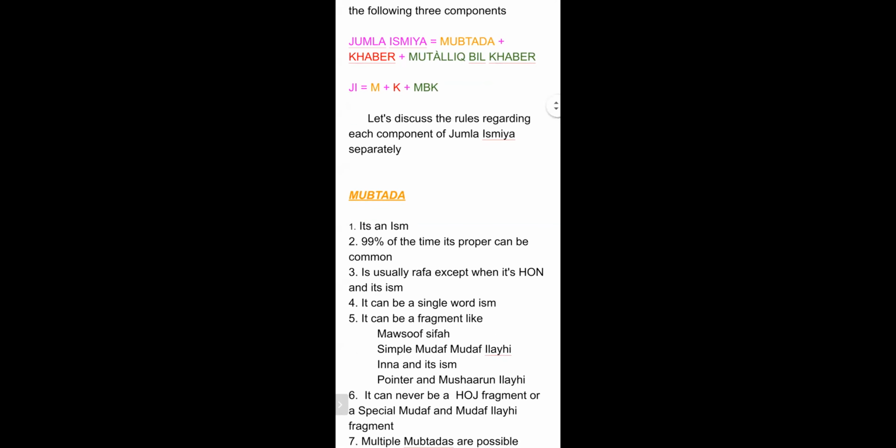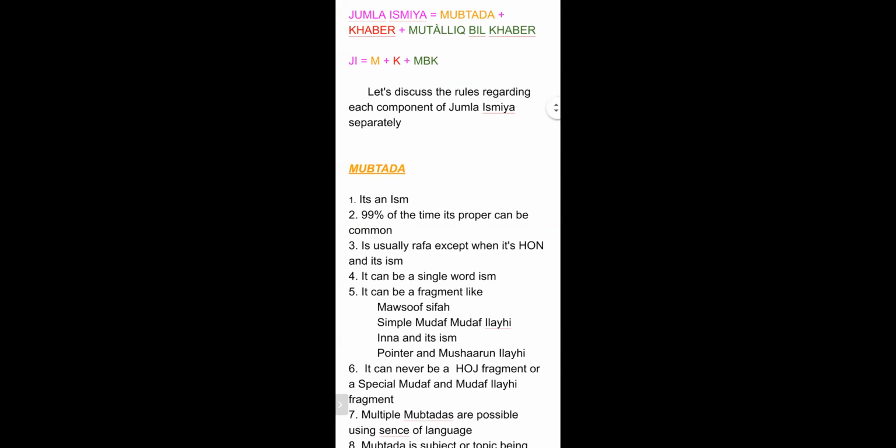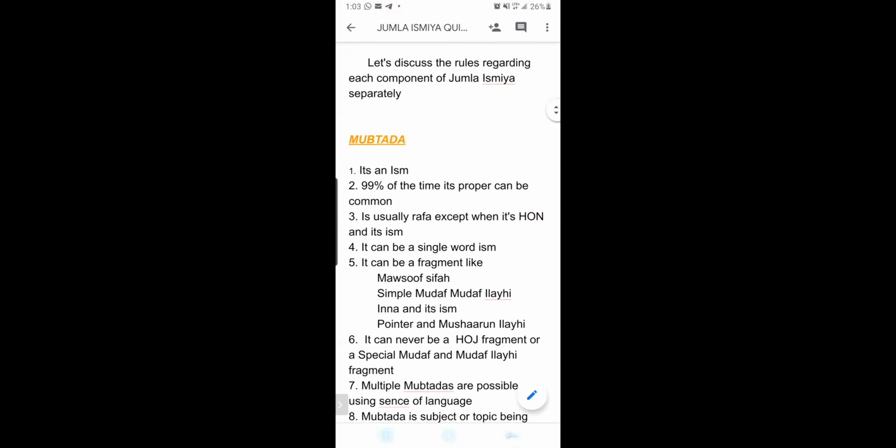So for Mubtada, the first condition is that it is an ism, right? That's why we call it Jumla Ismiya, and that is why it is one of the mandatory words in Jumla Ismiya.